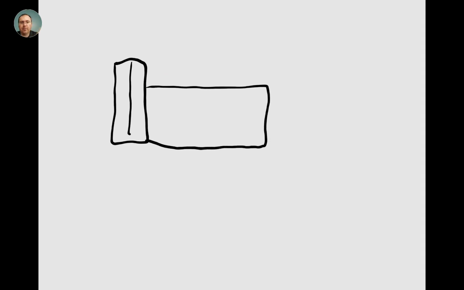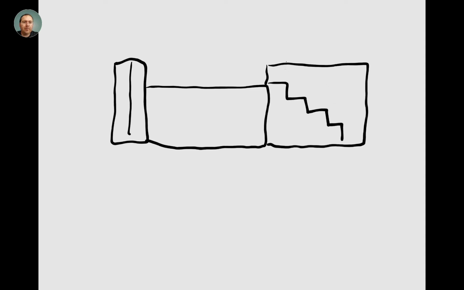We have that middle rectangle there. We have that kind of square shape over here. We have that metalloid line that kind of breaks down through there. And then your noble gases.